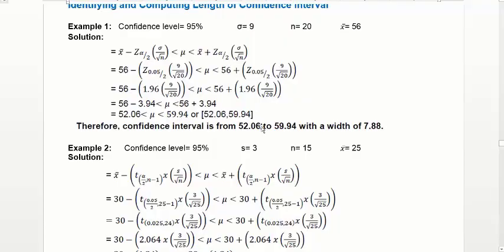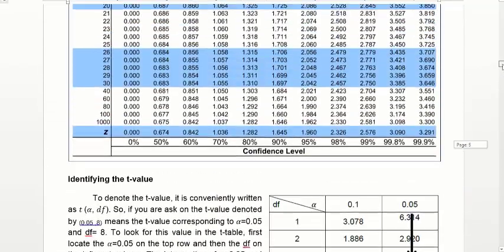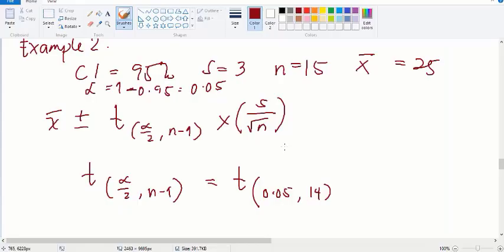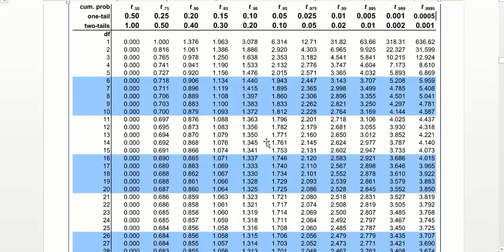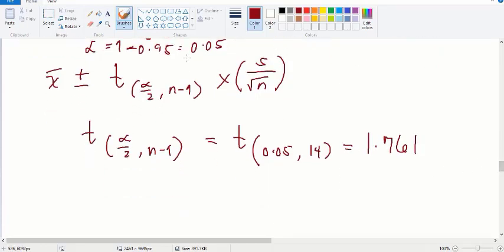Let's go back here, page 5, the t table. 0.05 here, degrees of freedom 14. Is it 14? Okay. So 14 and 0.05 gives 1.761. Let's put it here.